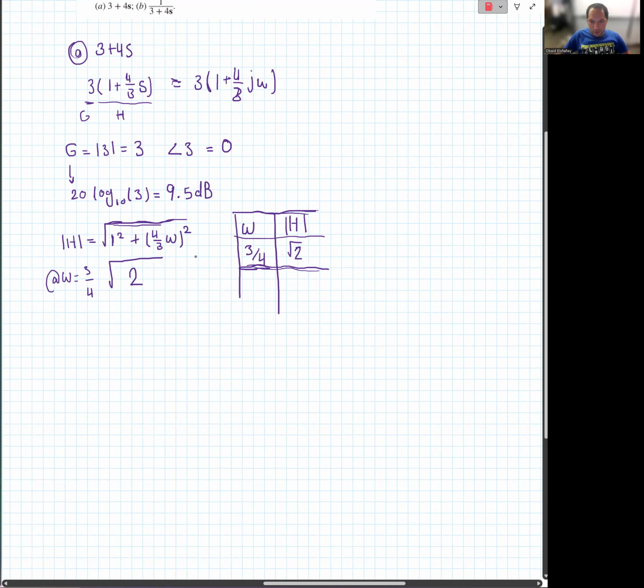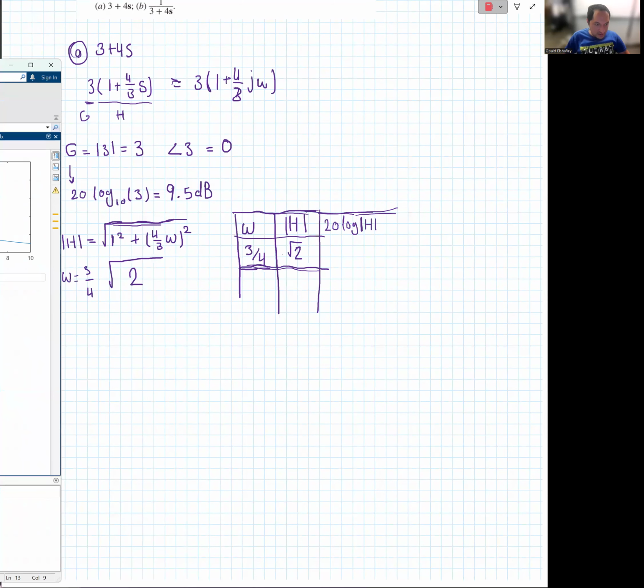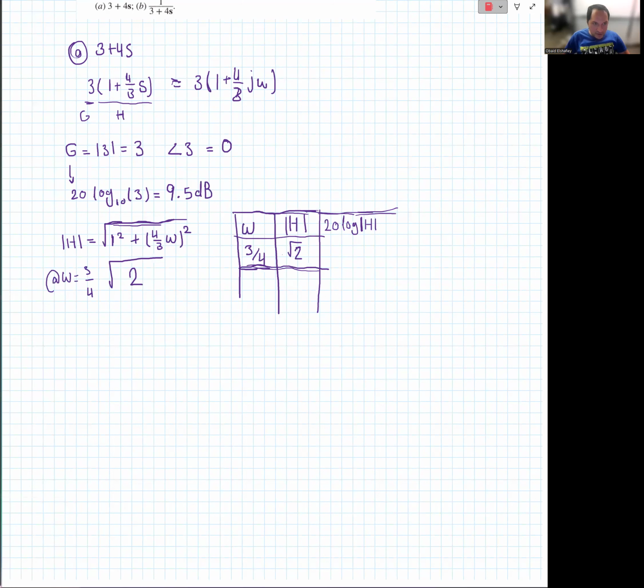You can as well solve for converting it into a Bode plot. So taking 20 log of H, which is 20 log of root 2, we did it in MATLAB, 3 point something. So it's 3 dB.